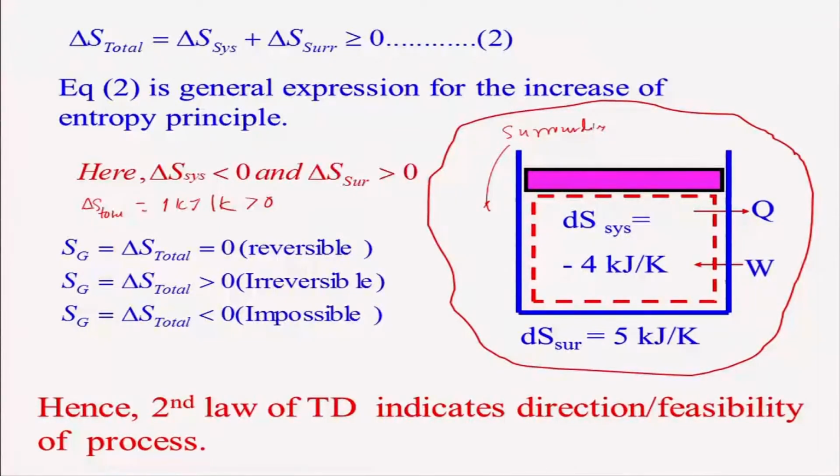That means it stipulates whether the process is possible or not. So this is the way we can apply the entropy increase principle for calculating the various entropies and then find out whether the process is possible or not.